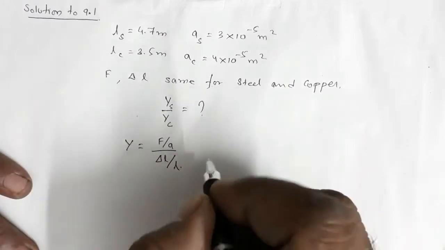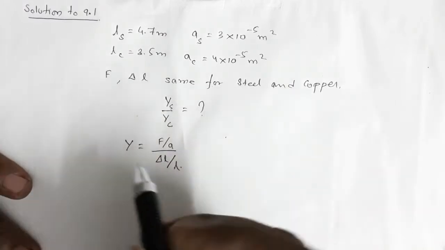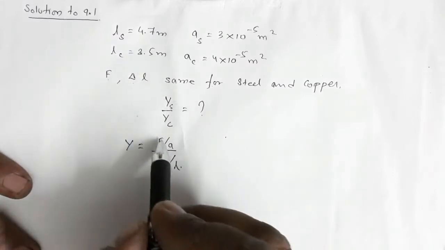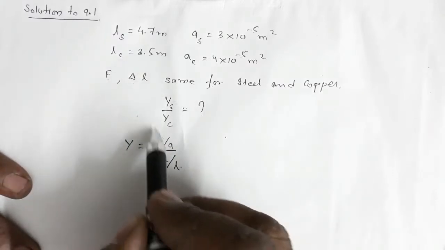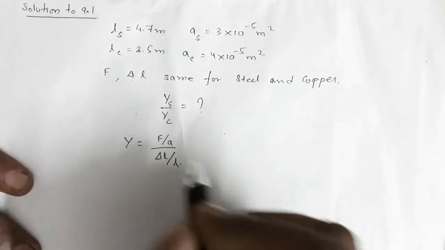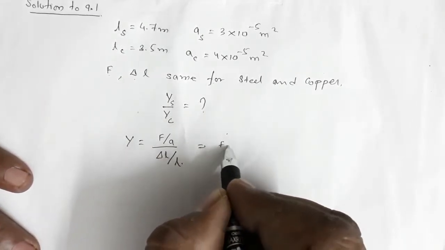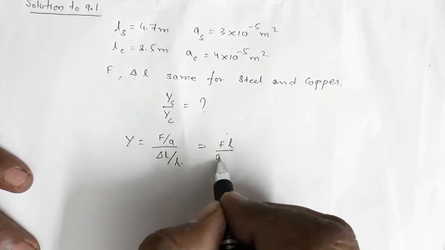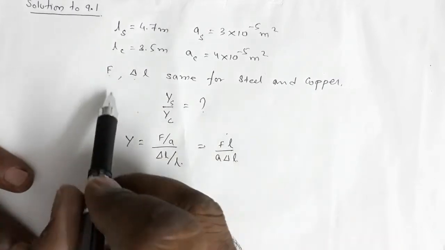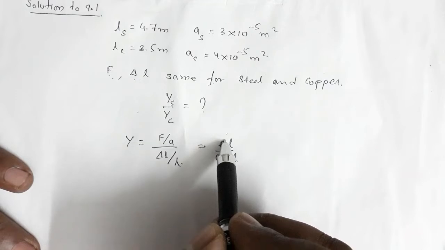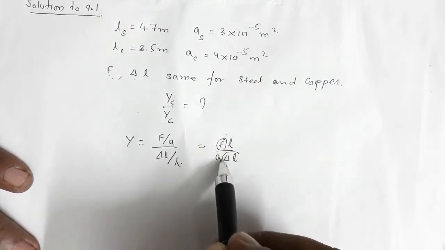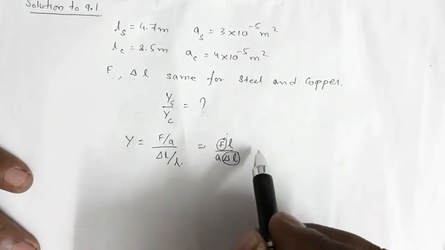So since F and delta L both are the same for steel and copper, this Young's modulus expression can be written as FL by A delta L. Now since F and delta L are the same, this quantity and this quantity are the same for both.